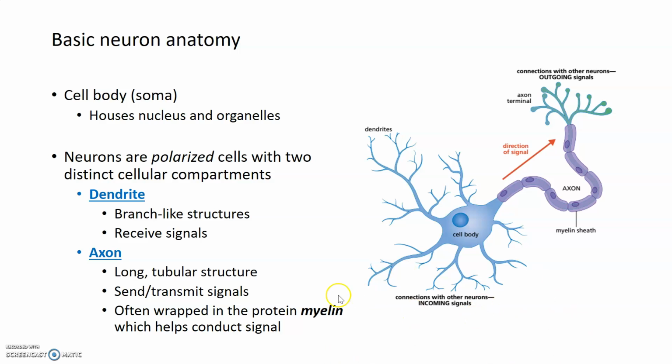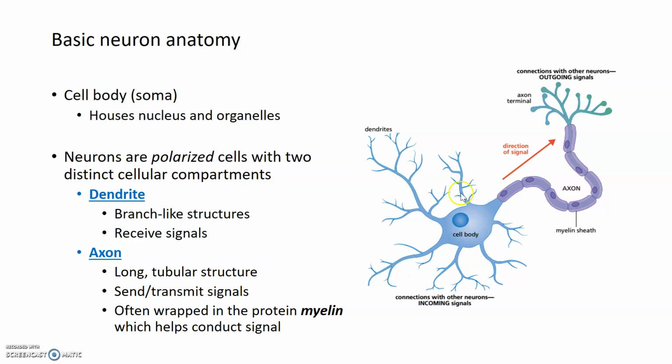And so a neuron is a polarized cell, which means it has two distinct sides. It has dendrites and it has an axon. Dendrites are these branch-like structures here, and their main function is to receive signals.